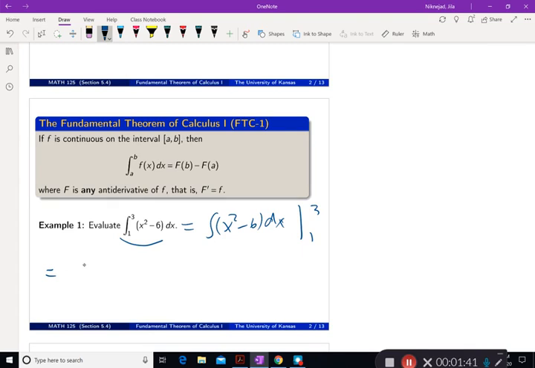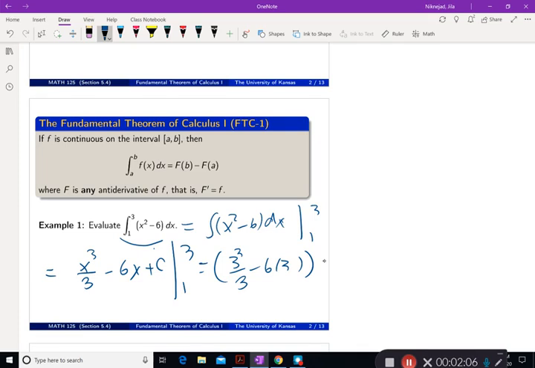Taking the antiderivative gives me x to the power 3 divided by 3 minus 6x. You can put the constant in and realize that it simplifies. And so what you find is 3 to the power 3 over 3 minus 6 times 3.